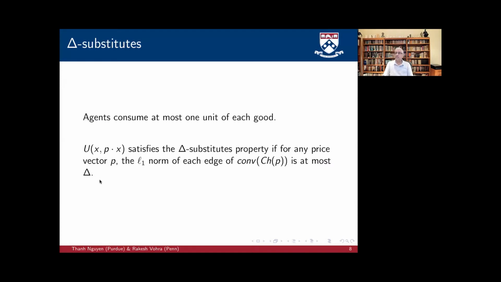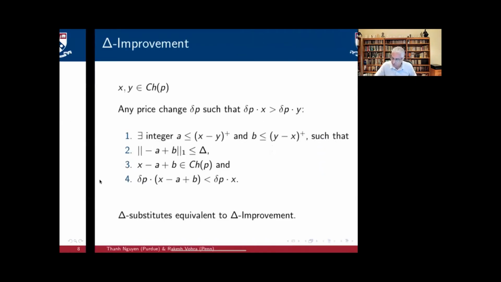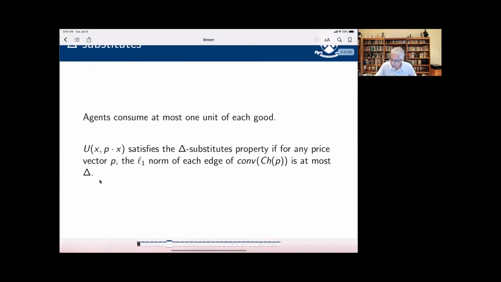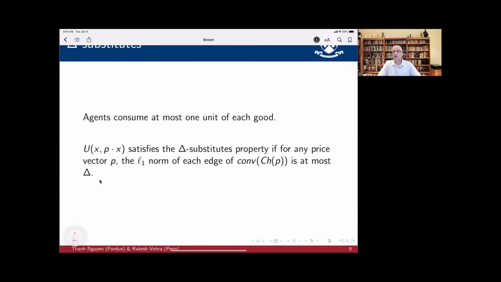So once again, for the purposes of exposition, I'm going to assume that agents consume at most one unit of each good. And here is the definition. The utility function satisfies what we call the delta substitutes property if, for any price vector, the L1 norm of each edge of the convex hull of the choice correspondence is at most delta.